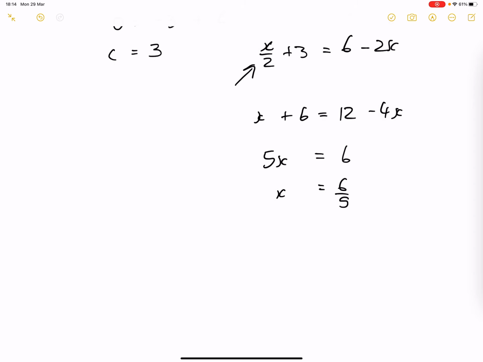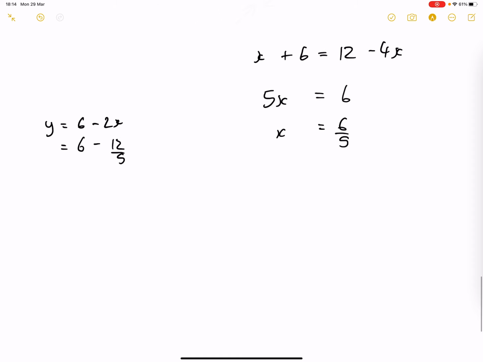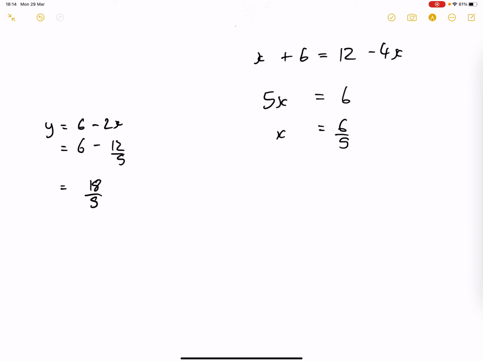So y is equal to 6 minus 2x, which is equal to 6 minus 12 over 5. 6 is just 30 over 5, so 30 minus 12 is 18 over 5. So y is 18 over 5 at this intersection.